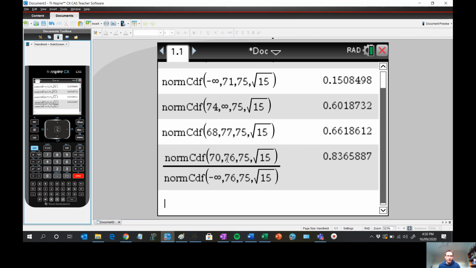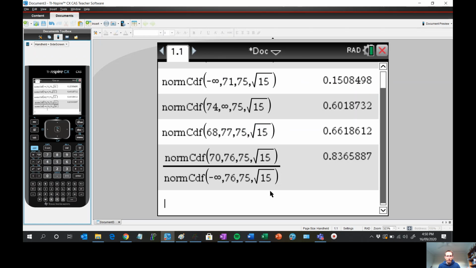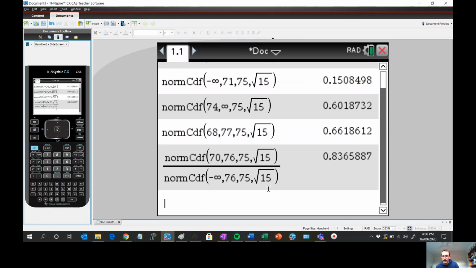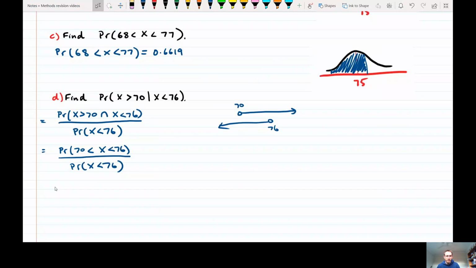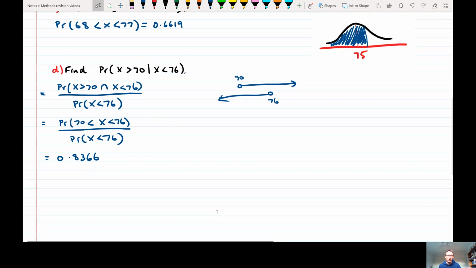So you can see 70 to 76, which is what I wanted here, 70 to 76. And I've got less than 76, which is the bottom one. And together, they end up giving me 0.8366. And that is how you calculate probabilities using your TI for the normal distribution.